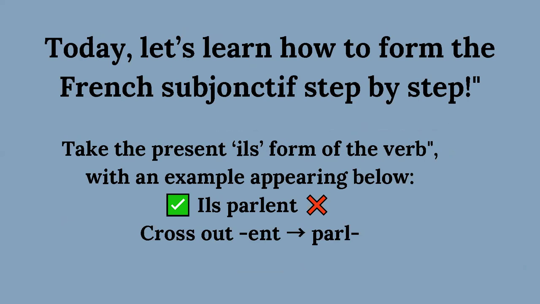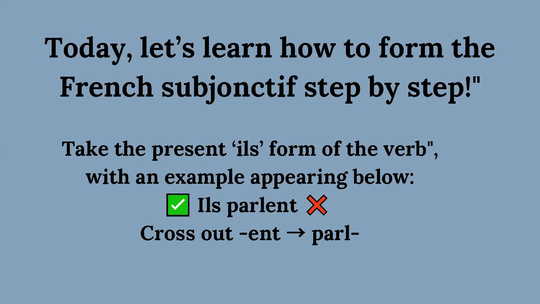To this radical which is left after removing ENT, we will add our subjunctive endings. It could be any verb. Supposing a verb is prendre, ils prennent. As per the rule, we'll remove the ENT and then we'll take the radical prenn.